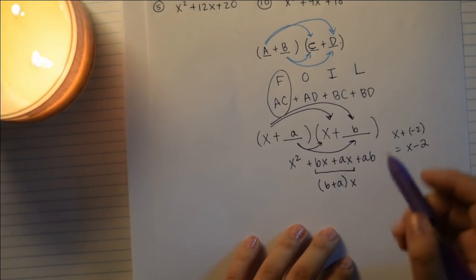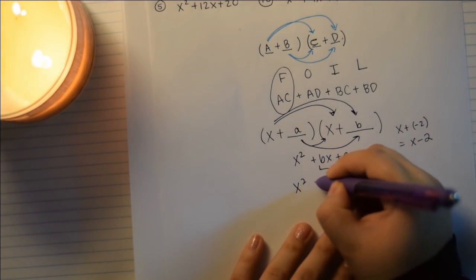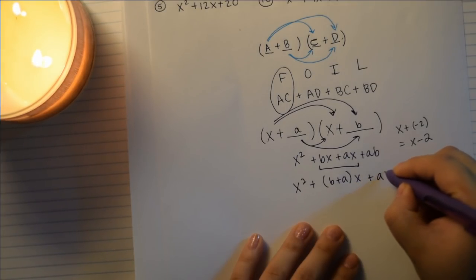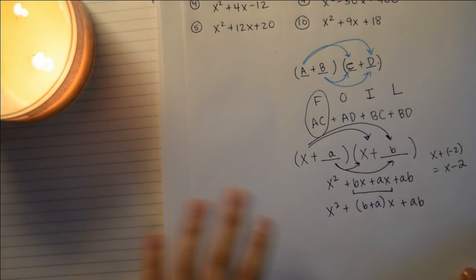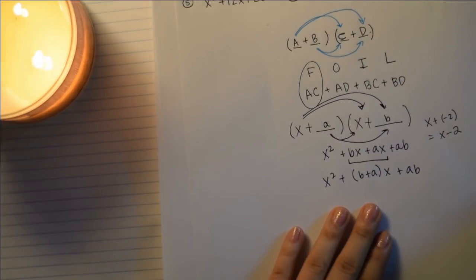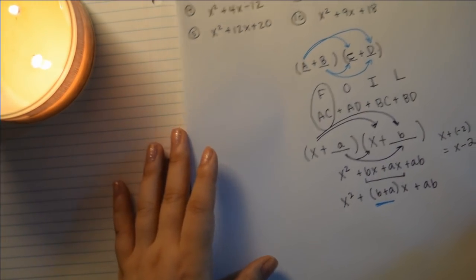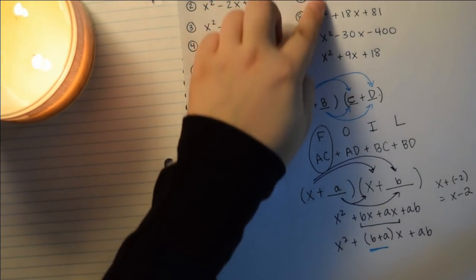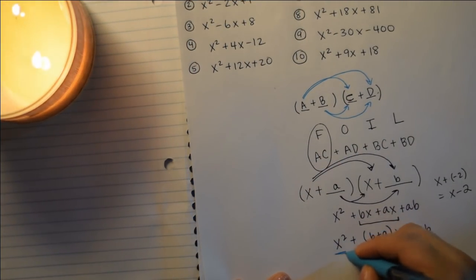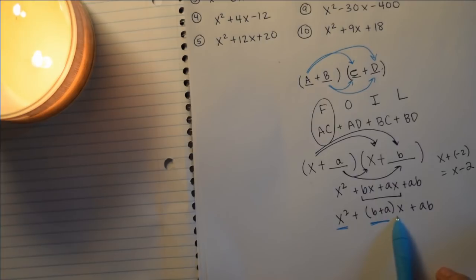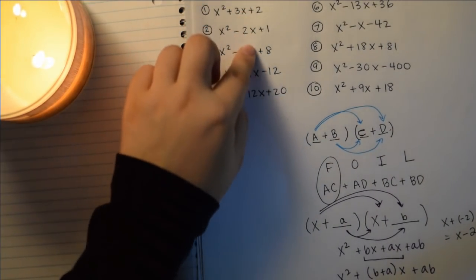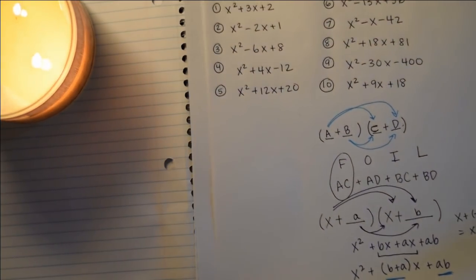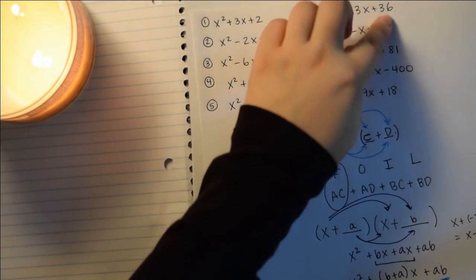So basically, we have x squared plus b plus a times x plus ab. Now we have our exact pattern. We already have our x squared, our b plus a is the number in front of our x term, and our a and b multiplied together give us the constant.